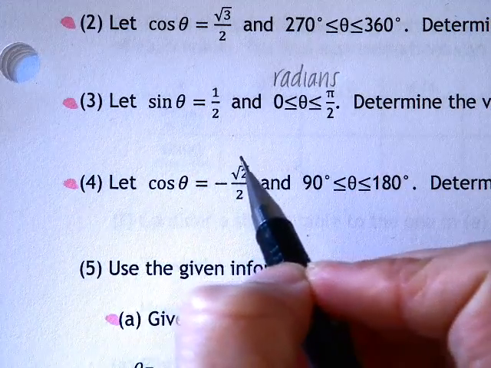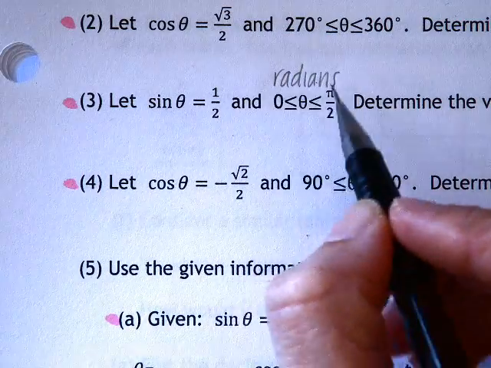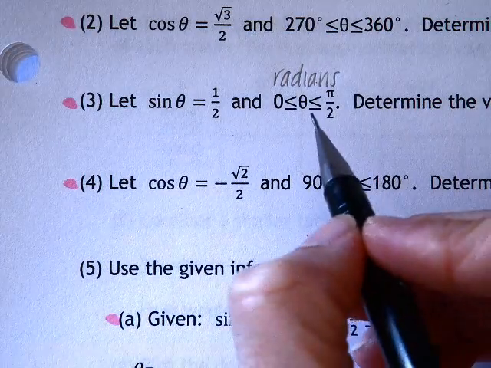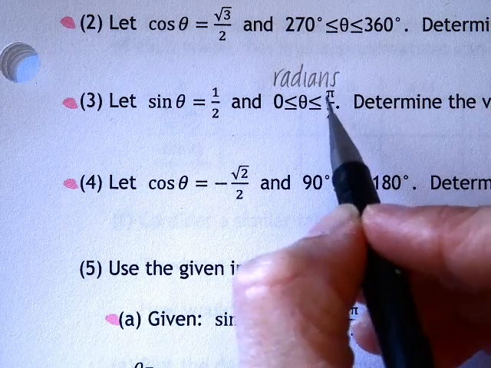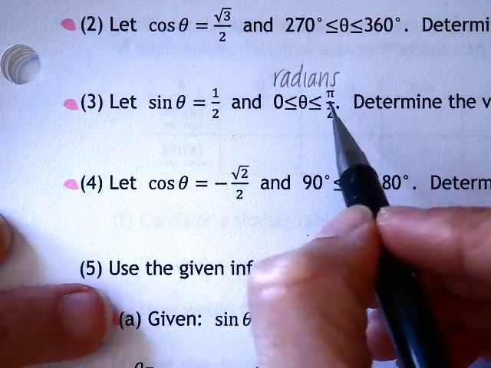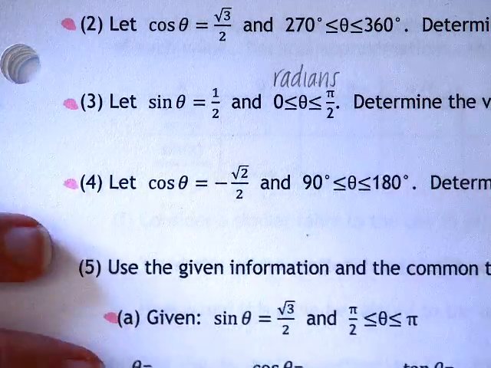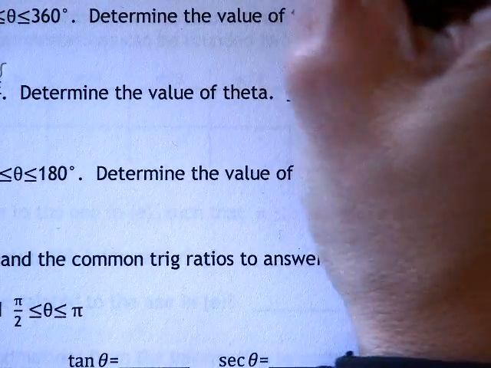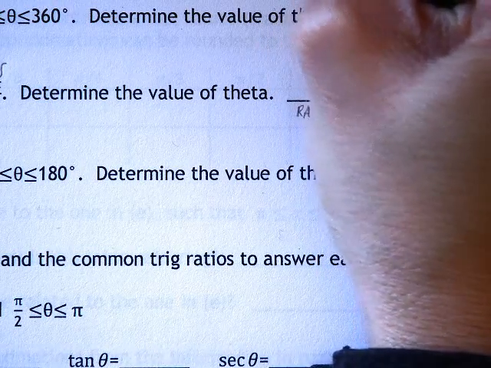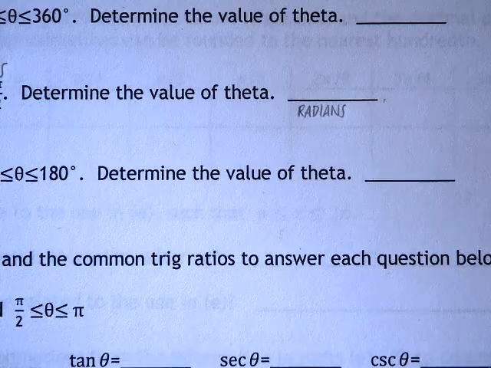And in these questions, 2, 3, and 4, they're letting you pick up on that little context clue on your own. So by picking up on the clue here that it has a pi in it, that's telling me my answer needs to be in terms of pi or radians as well. So if you want to make a note to yourself maybe underneath the answer blank, you can make a note that this answer is definitely going to need to be in radians.